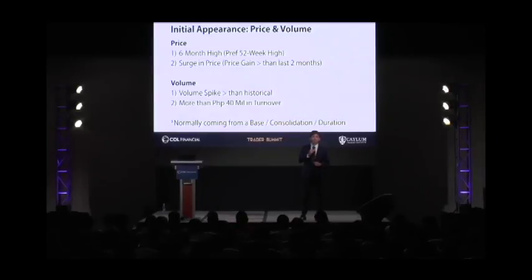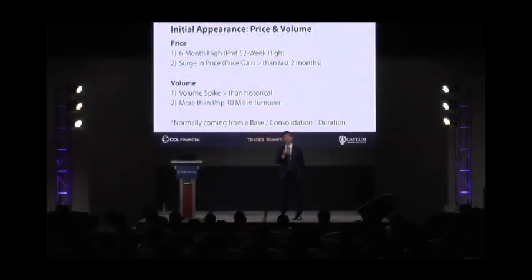Wala. Because who's going to sell if everybody's making money? Wala naman may problema. If someone's going to sell, okay, if everybody's making money and someone's selling, that means it's just a matter of profit taking. But underlyingly, everybody in this room, if it's at a 6-month or a 52-week high, everybody is still happy and making money. Okay? So that's the point of first things first, 6-month, 52-week high.